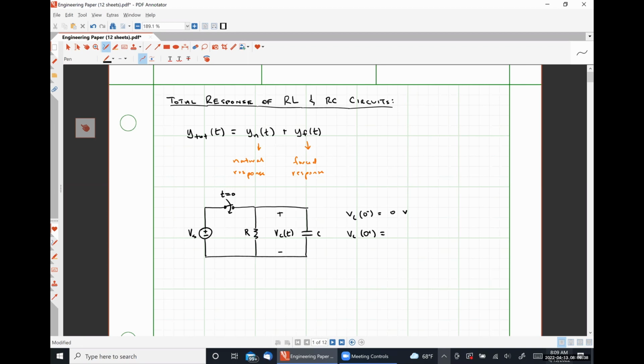I disagree. It's 0 because the voltage drop across the capacitor cannot change abruptly, right? So if the voltage drop across the capacitor is 0 volts at t is equal to 0 minus, it must remain 0 volts at t is equal to 0 plus.